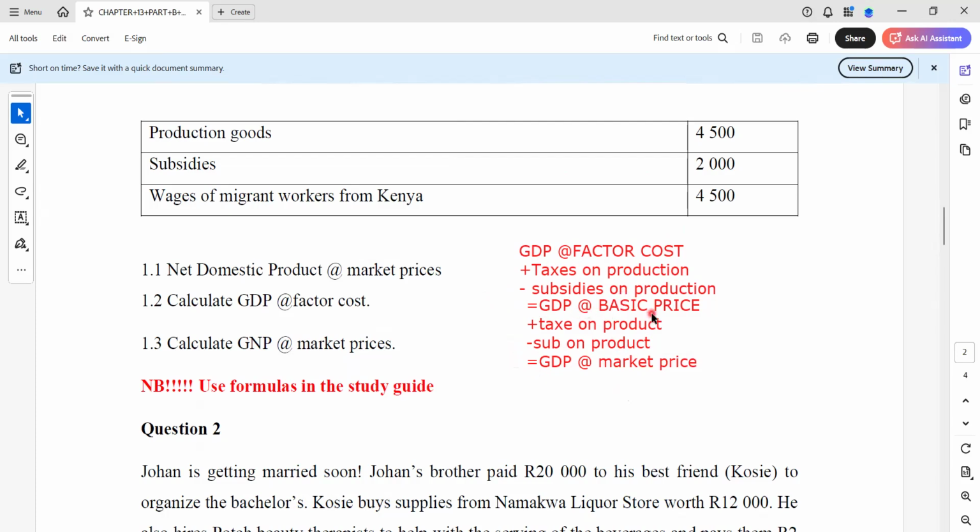And also, if we're given GDP at basic prices, we're just going to add subsidies on production and subtract taxes on production to get this amount, right? So if you want this one, you're going to add the subsidies and minus the taxes to get GDP at factor cost, right?